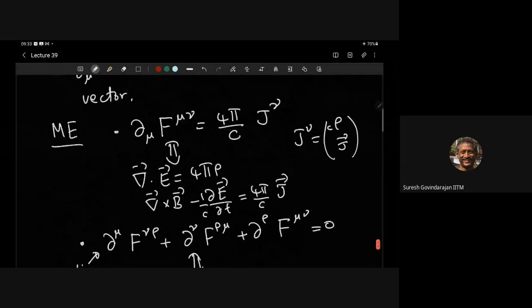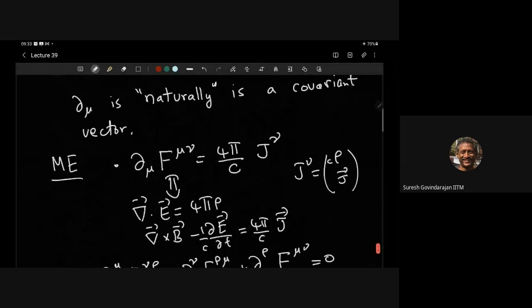You can see that the left hand side is a 4 vector because mu and nu are summed over, so that's cancelled in some sense. So the left hand side is a 4 vector, the right hand side is a 4 vector under SO(1,3)+. So you see that this equation is totally manifestly invariant under Lorentz transformation.